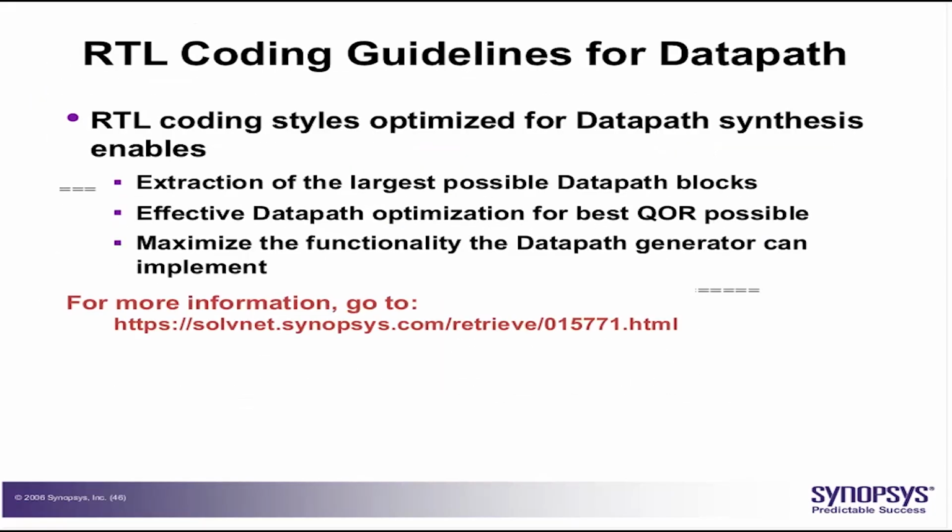So RTL coding guidelines: you should code RTL such that the extraction of the largest data path block is possible, because it leads to the best QoR. There is one SolvNet article about this. You have a SolvNet ID, you can go and read this article.